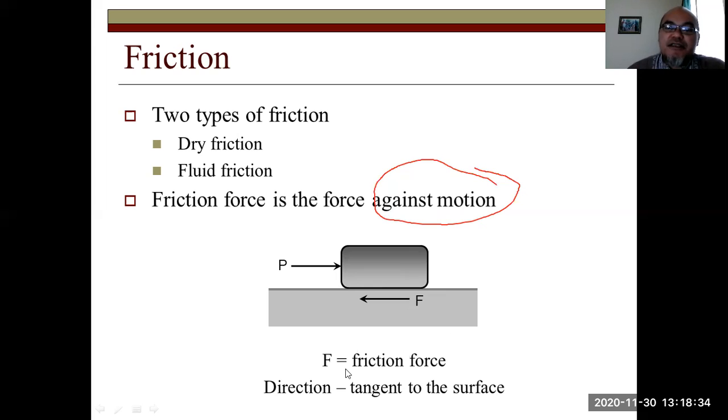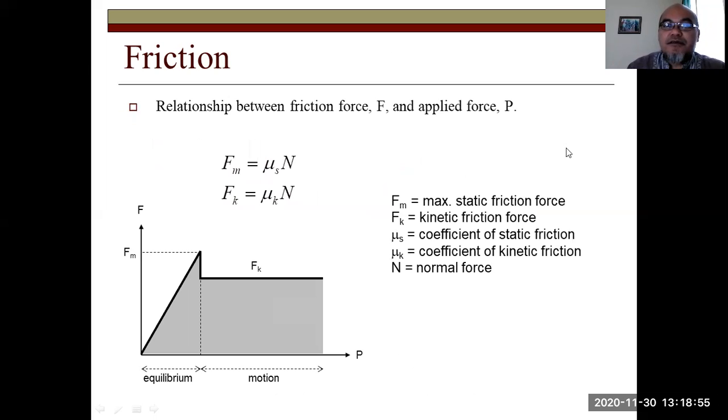The direction of the friction is always tangent to the surface, not making any angle, and not perpendicular to the surface, but always tangent to the surface. It means parallel to the surface at the surface itself. Okay, then let's clean this. So this is the relationship between friction force F and the applied force P.